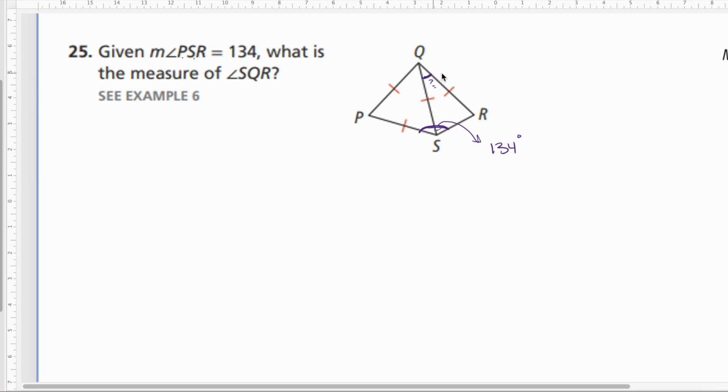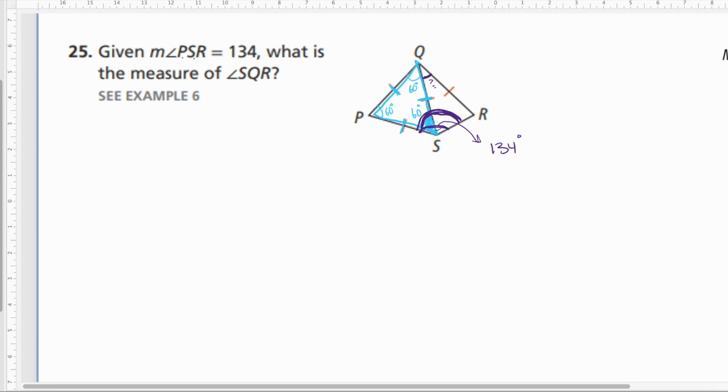Now, once you see equilateral triangles, a triangle with 3 equal sides, directly, without thinking, write all of the angles as 60, 60, and this one is 60. Okay? Since this angle is 60, and the whole thing is 134.